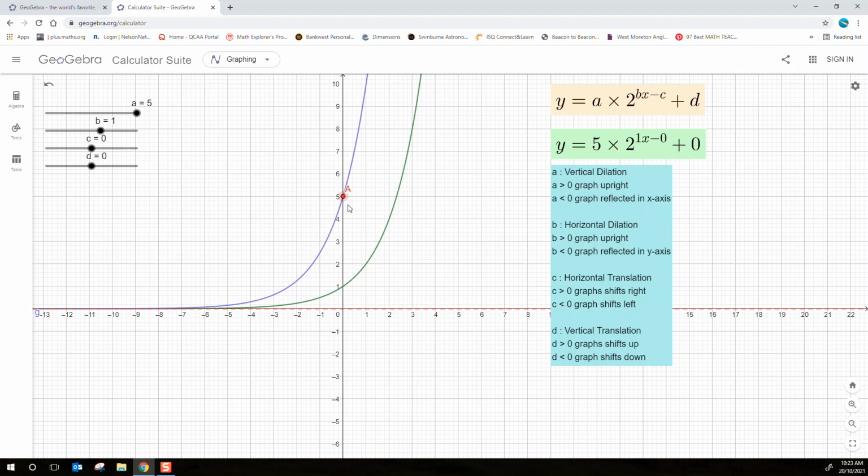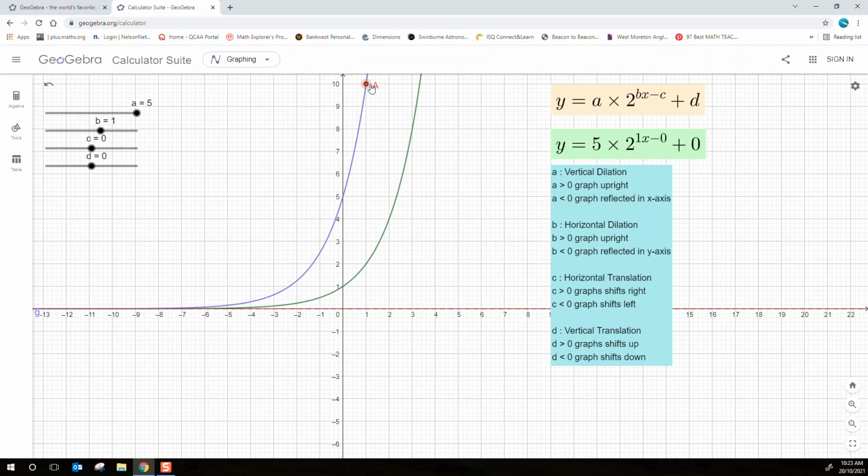On the other hand, this point over here on the original function had a y value of 2. Now, multiplying 2 times 5 means that all the way up there I'm now at a y value of 10 on the dilated function. I've literally taken the y value of 2 and multiplied by 5 to get a new y value of 10. The same thing works over here. Oh, missed.